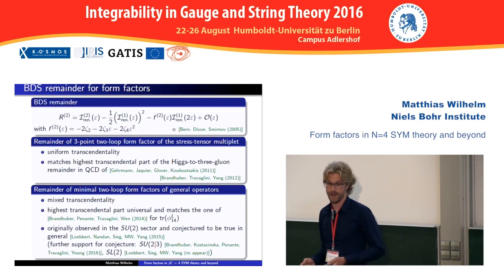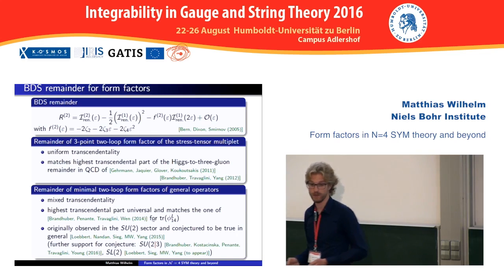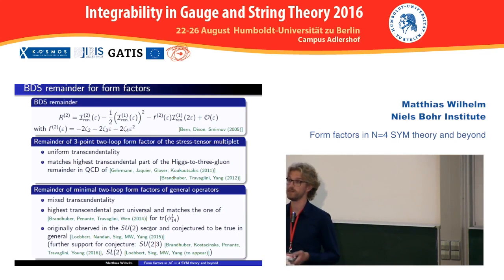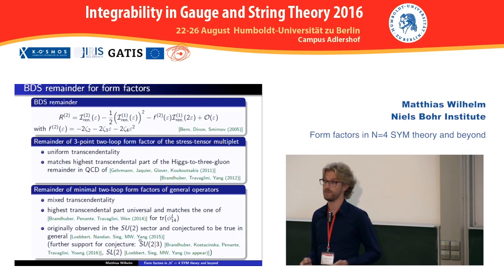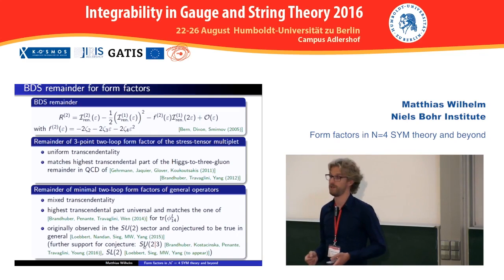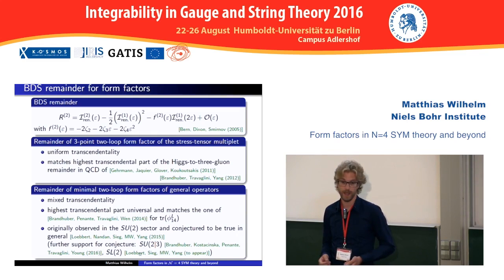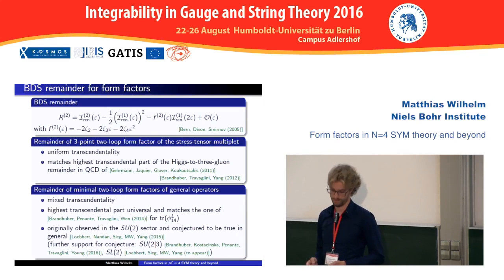However, the highest transcendental part is universal and matches the remainder of the BPS vacuum. We originally observed this in the SU(2) sector and conjectured it to be true in general. Further support for this conjecture has since been found in the SU(2|3) sector by the Green-Murray group and in the SL(2) sector in upcoming work by us.